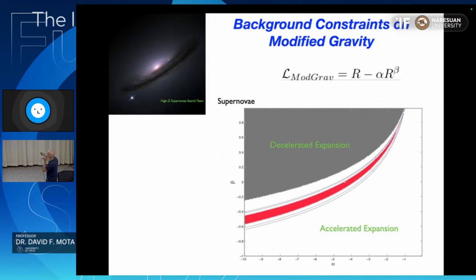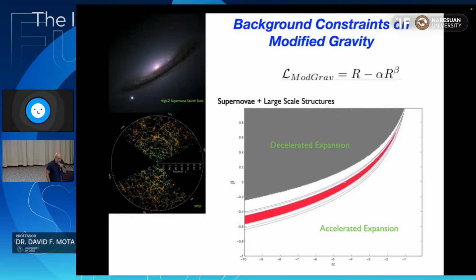The supernovae data tells you that only this red area is viable for this model. So you can deviate from general relativity in this range of the parameters. That's what the data is telling you. If you now include some very large scale structure formation, the peak of the linear matter power spectrum, it gets constrained to the red region.